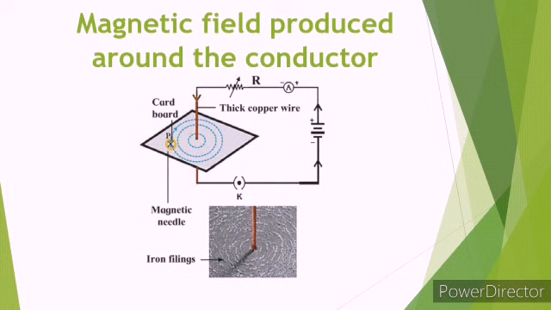Now, instead of a magnetic needle, spread iron filings on the cardboard. The iron filings arrange themselves in a circular manner around the wire when current flows through the conductor.